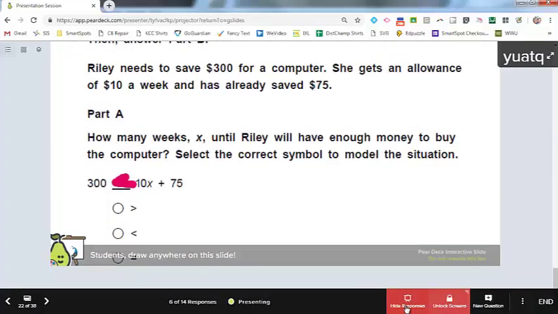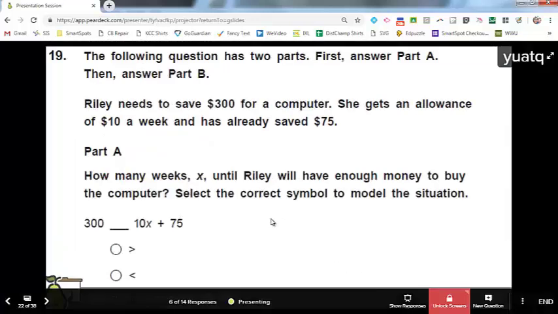So we are split 50-50 on this one. X is the number of weeks, and she has to save $300. So $300 has to be less than the amount of money that she has saved in that amount of time. She's already got 75 plus 10 times X number of weeks. It's not going to come out evenly. That's why it's not equal to.